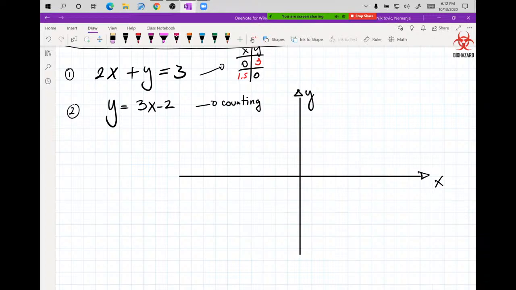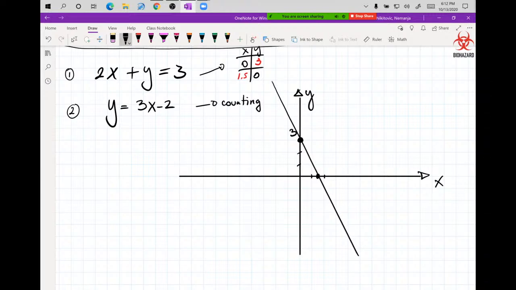So we need y to be 3. So 1, 2, 3. And x to be 1.5. So this is 1, this is 2, 1.5 is in the middle. And then we connect those 2 points with a straight line.